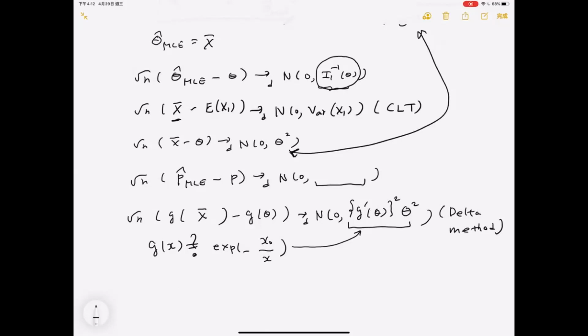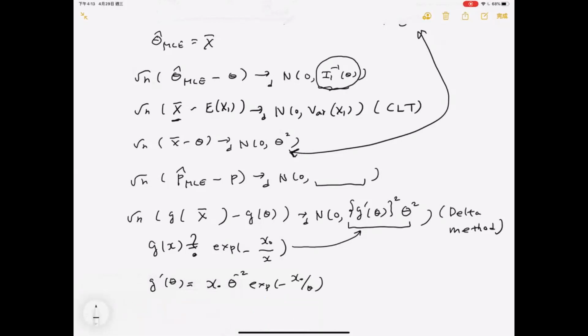So this G prime theta, of course, is x0 over theta, so for G prime theta, let's plug in theta directly. G prime theta eventually is x0 theta to the minus 2, then exponential of minus x0 divided by theta, right?